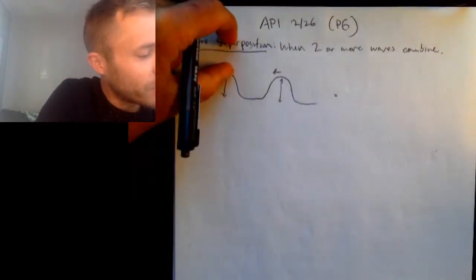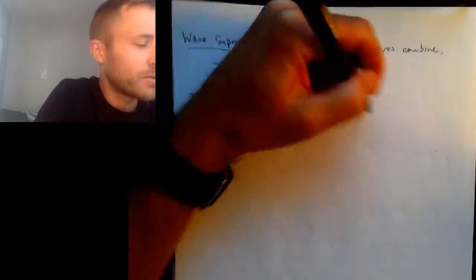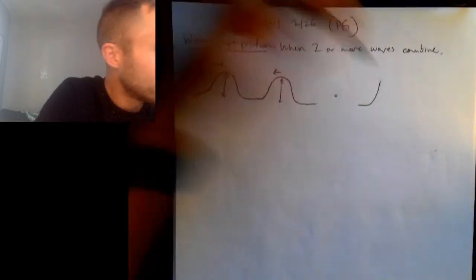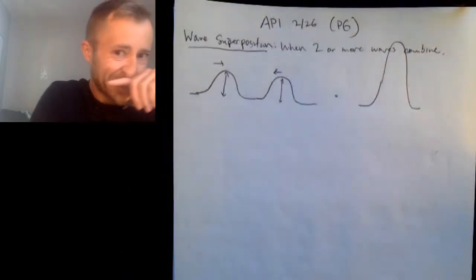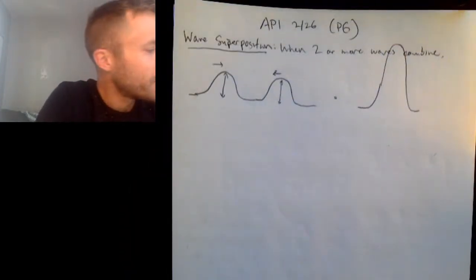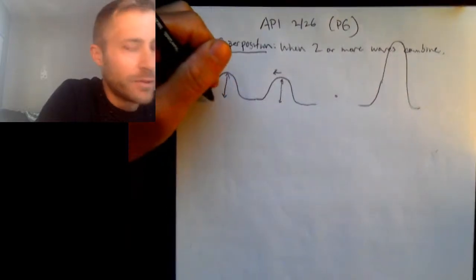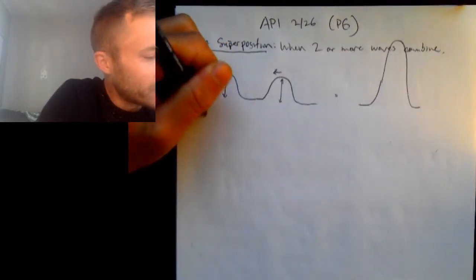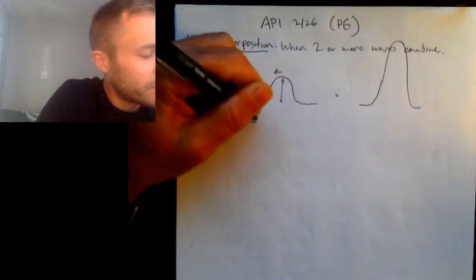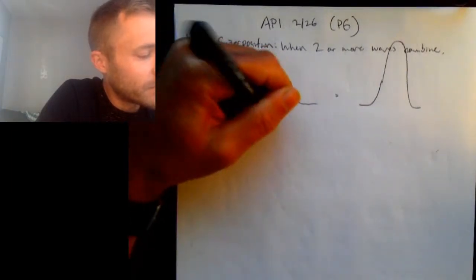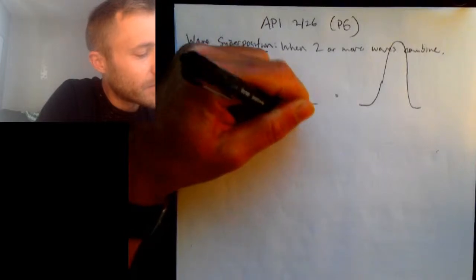So the resultant wave is going to be something like this tall. So it's going to do something like this. Okay? And so when that happens, that is called constructive interference. Okay?